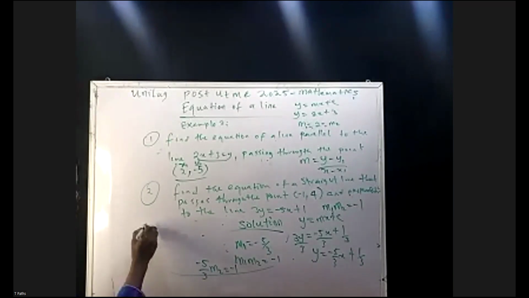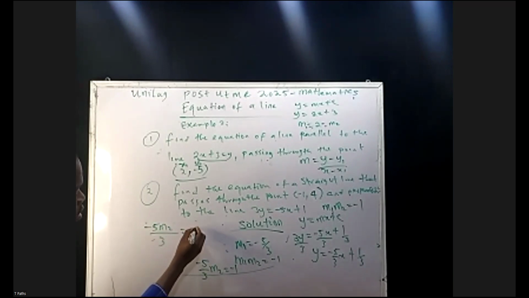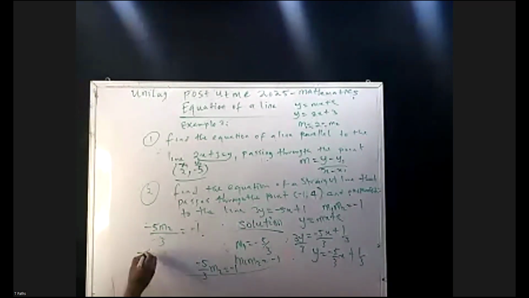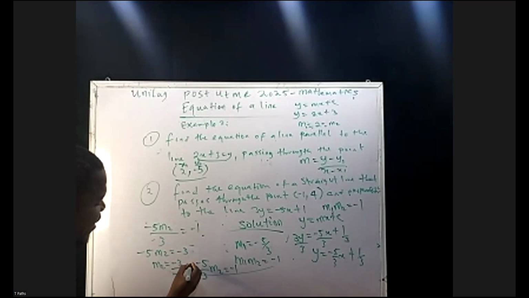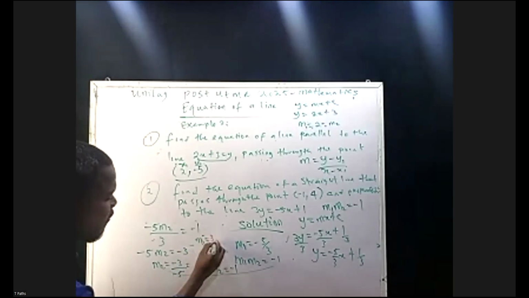This is minus 5 m2 over 3 equals minus 1, so minus 5 m2 is equal to minus 1 times 3, and that's minus 3. So m2 can be written as minus 3 over minus 5, and that is 3 over 5.